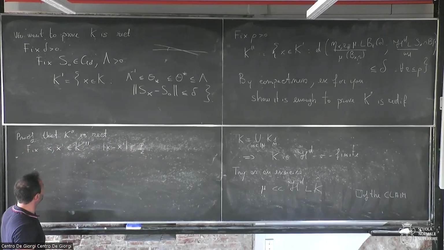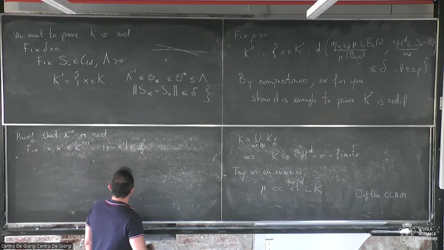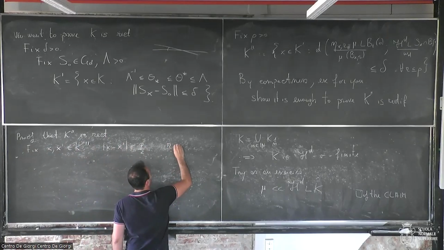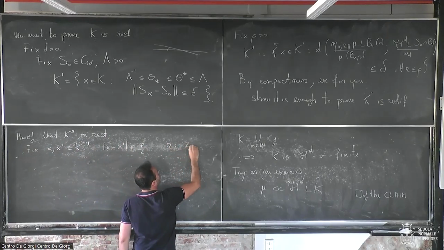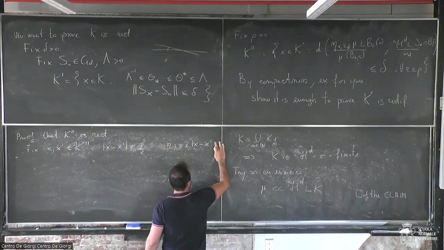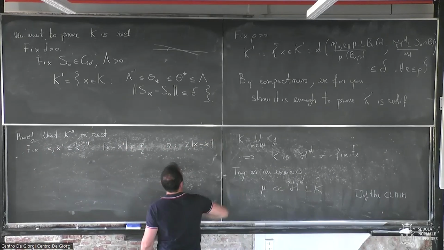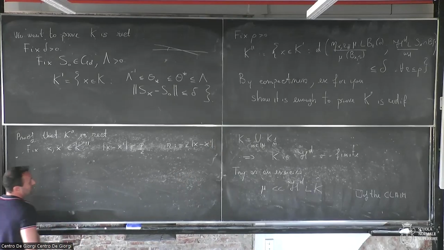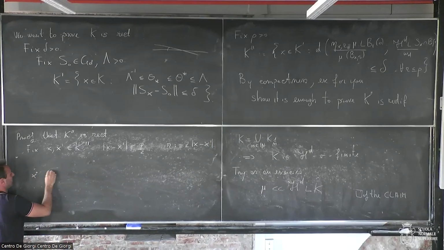Let's call this distance actually r divided by 2, so r will be two times the distance between x and x prime. This is r. So this is x, and this is x prime.